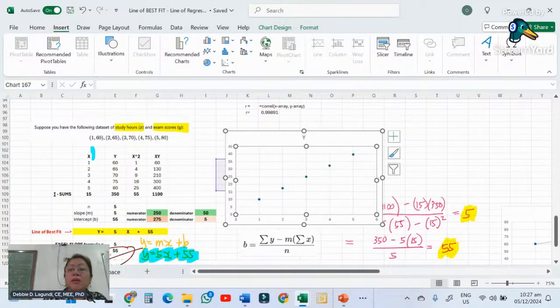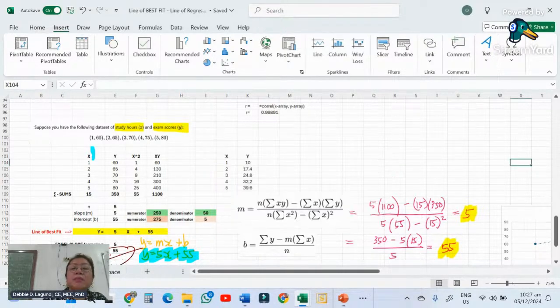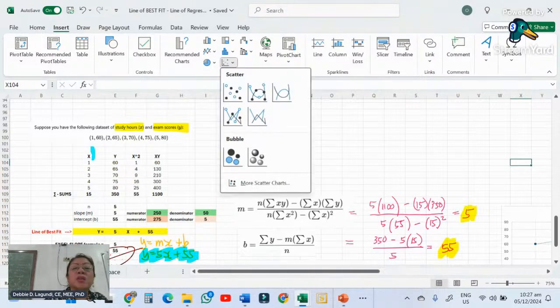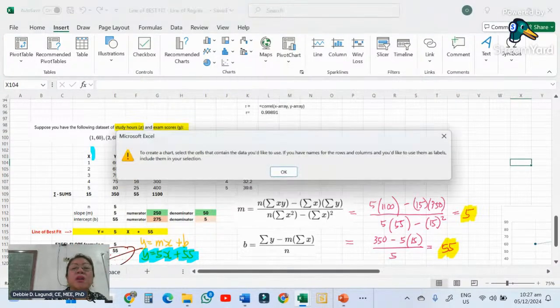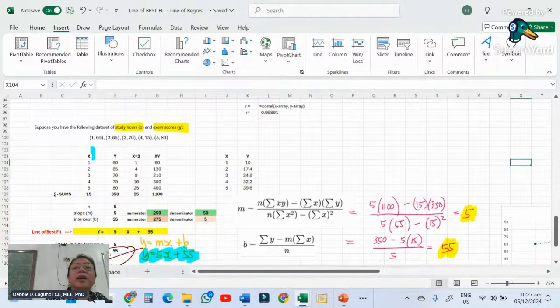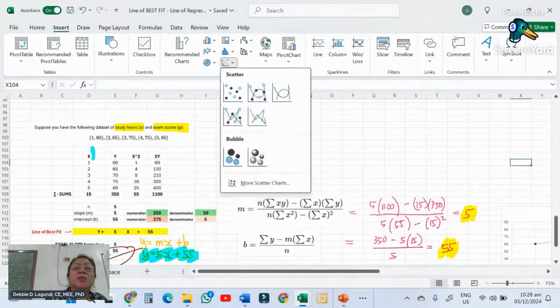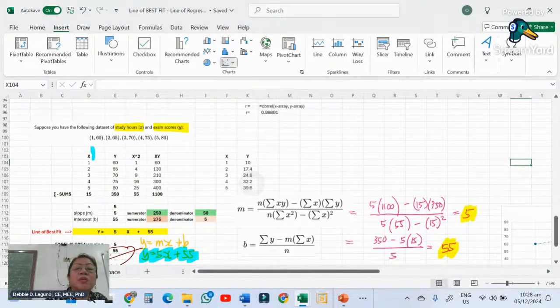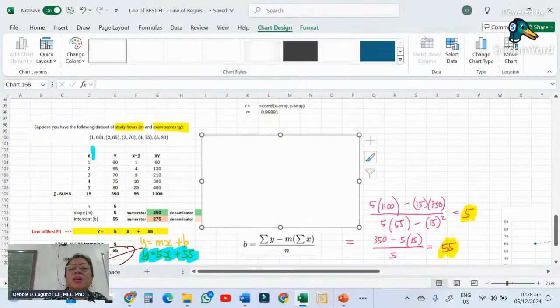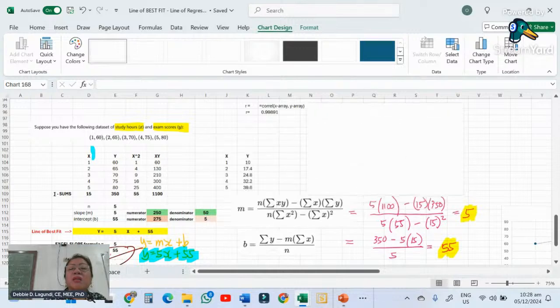This is the problem if you're disturbed, yeah? So more scatter graph. Insert this one. And then more scatter. See, it's not working anymore. Scatter. There. Okay, that's the one.